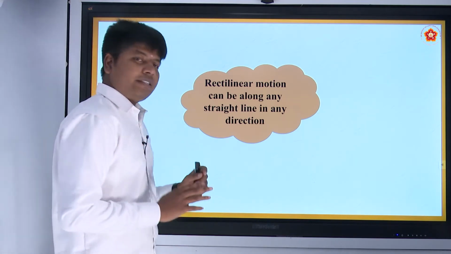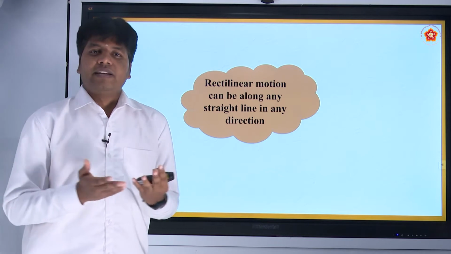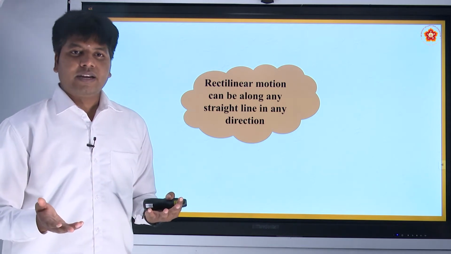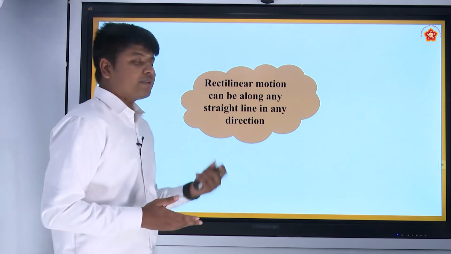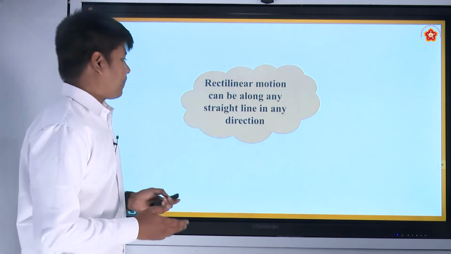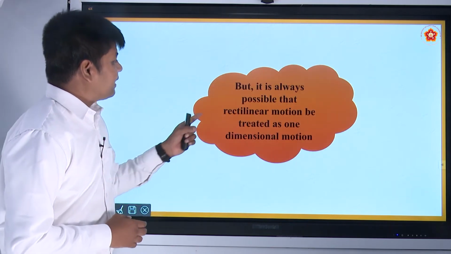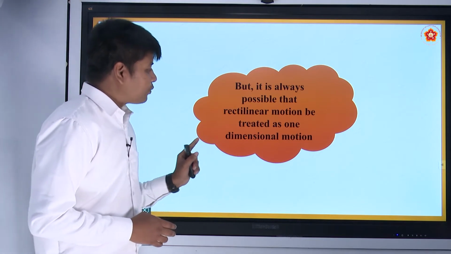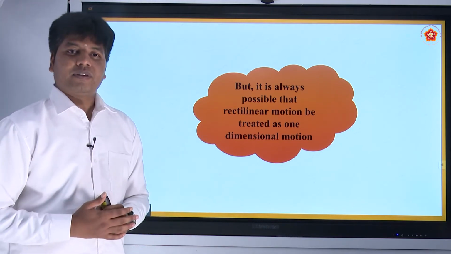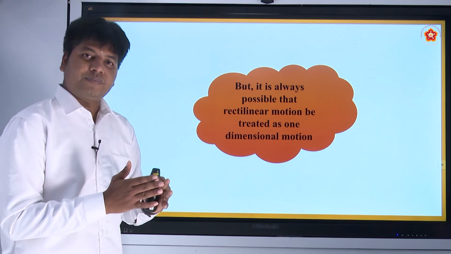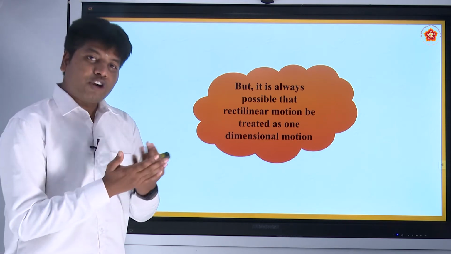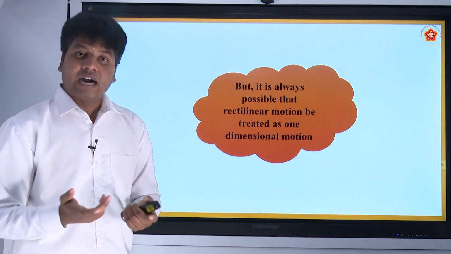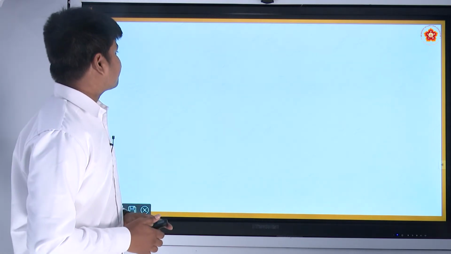If that condition is satisfied, it is rectilinear motion. Rectilinear motion need not be one-dimensional, but it can always be treated as one-dimensional motion. And how is that? Let us see.